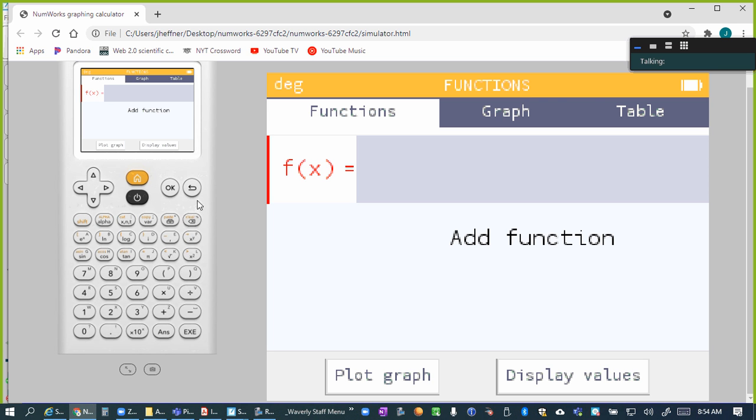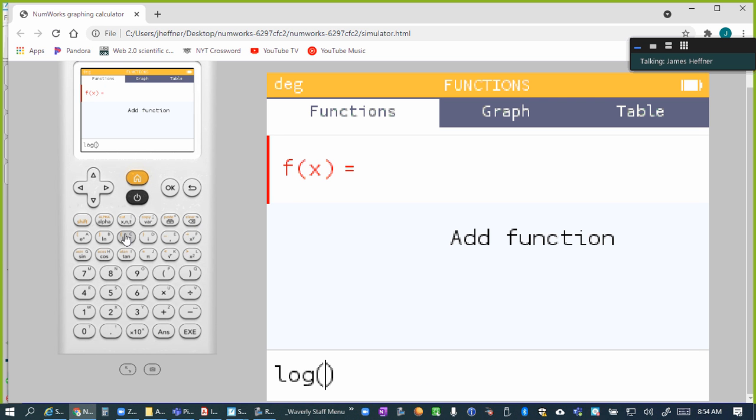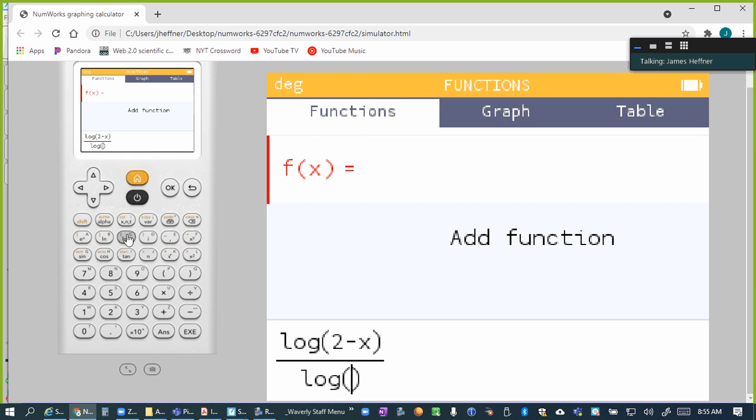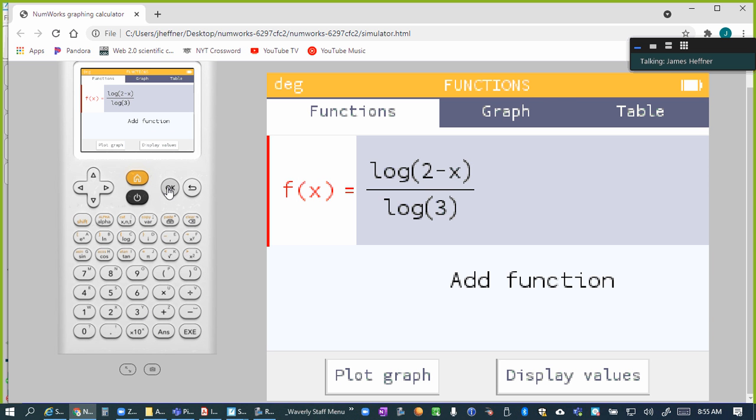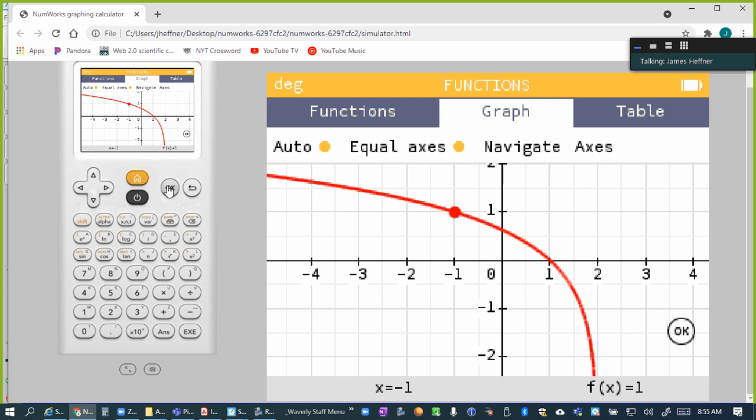So we want to type in log of 2 minus x, then get outside our parentheses and hit divided by, okay? Log of what? 3. That's what it gave you, right? Let's see what the graph looks like here, on the plot graph. Well, that's a little bit different, right? Probably because of that negative x in there.